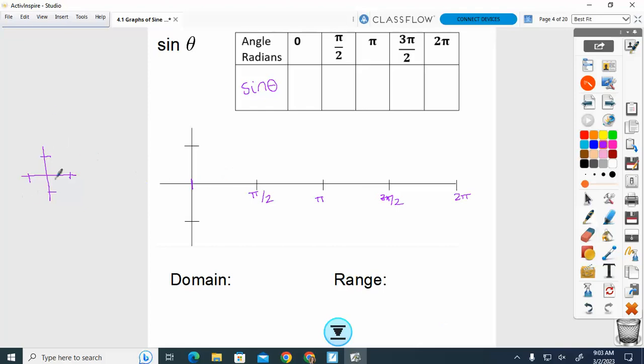All right, so let's think about this. The sine of 0. So if we think about our unit circle, this was the point 1, 0 on our unit circle, right? Sine is the y, so sine of 0 is 0.